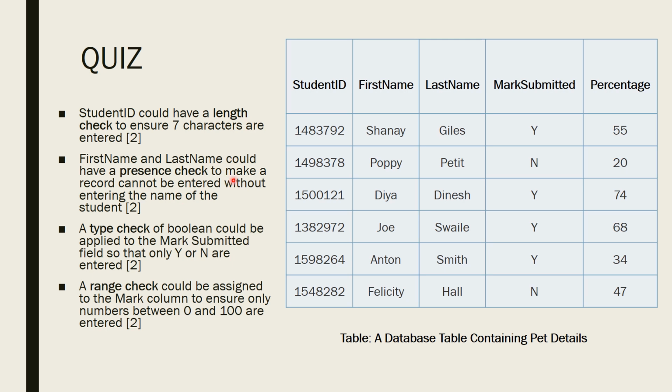You can apply anything else as well. For mark submitted, you can apply a type check, which is going to be Boolean. We will be talking about what Boolean is in our incoming slides. And for the percentage, you can apply a range check, where we can specify that the percentage should be between 0 and 100.